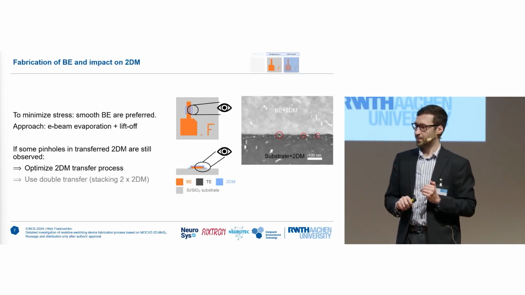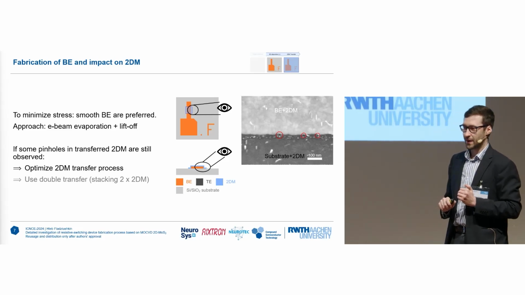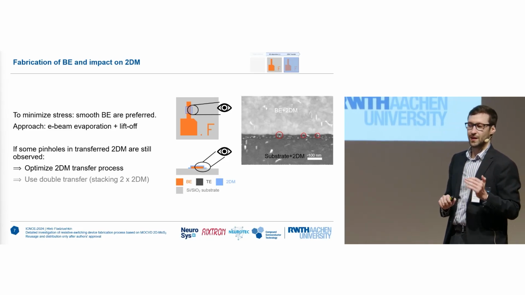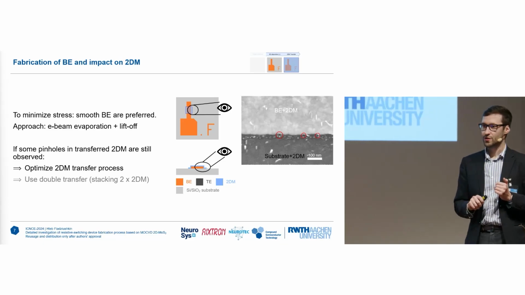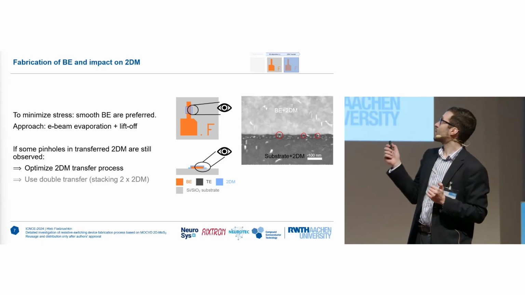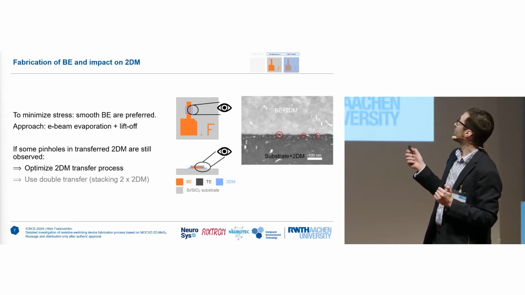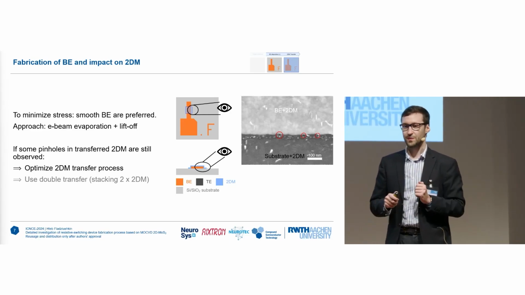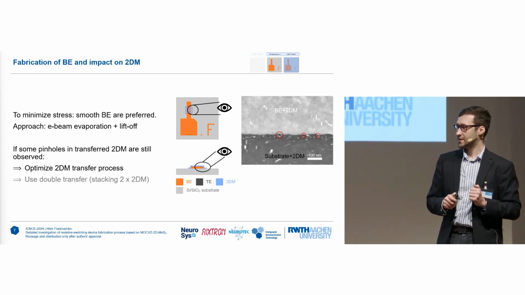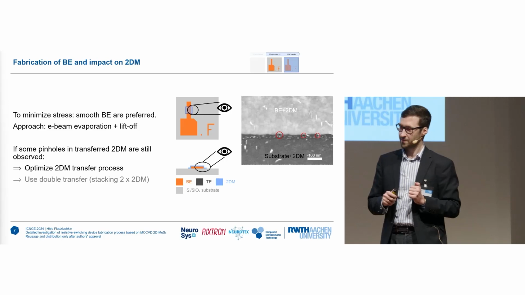Let's now continue with the first step, which is the fabrication of the bottom electrodes. On these slides, you also see an overview on the top right, just for you to more easily keep track of the fabrication processes.